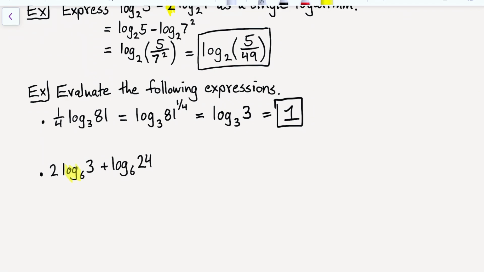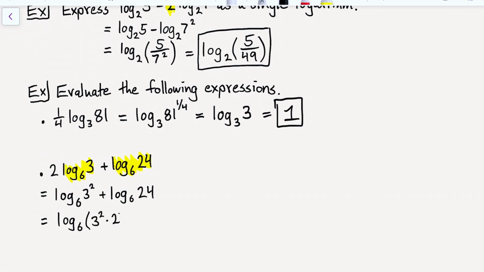Let's find 2 log 6 of 3 plus log 6 of 24. As it is, I would have trouble telling you what log 6 of 3 is or what log 6 of 24 is. I can't really evaluate those. Those are not direct powers of 6. But using the laws of logarithms, let's combine these. So let's rewrite our first term as log 6 of 3 squared plus log 6 of 24.